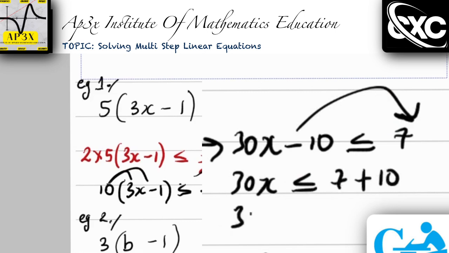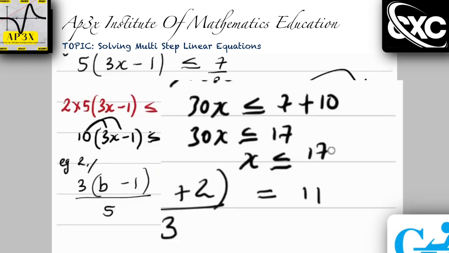We end up with 30x being less than or equal to 17. So easily then divide both sides by 30. x is less than or equal to 17 divided by 30. We already know that once we divide both sides by 30, the 30 on the left will be cancelled, both top and bottom, and so easily then 17 divided by 30 is our final result.